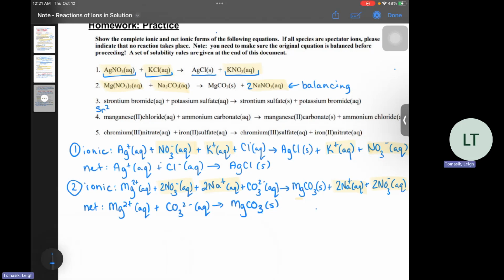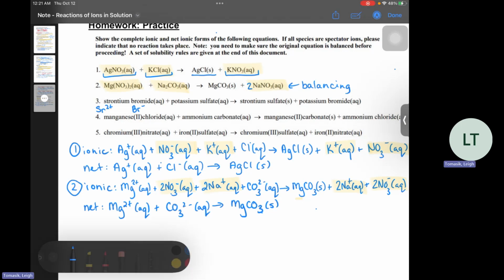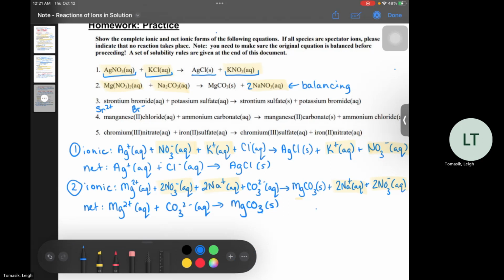So we have Sr2+ and Br-. Here we have, actually, let me see if I can. I'm thinking about something. Okay.